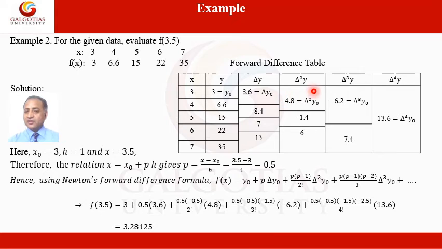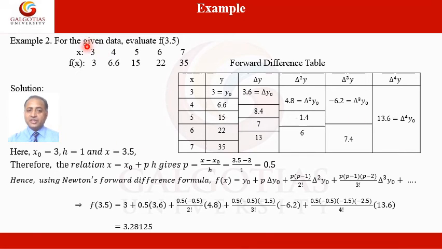Similarly, in the next column, which is denoted by delta 2 y naught, the values we will get after taking the difference of 8.4 and 3.6 will be 4.8, next difference minus 1.4, 13 minus 7 is 6, and third order difference and fourth order difference we can do, right?